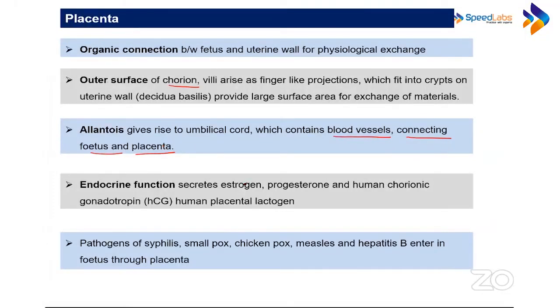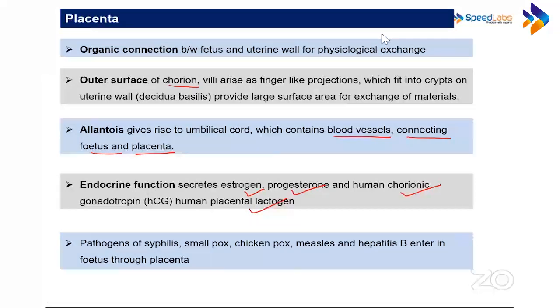And these are the hormones which are maintaining the pregnancy: estrogen and progesterone secreted by the placenta, and human chorionic gonadotropin. And there's this lactogen hormone also. So placenta helps in the exchange of substances, while some pathogens can cross the placenta.